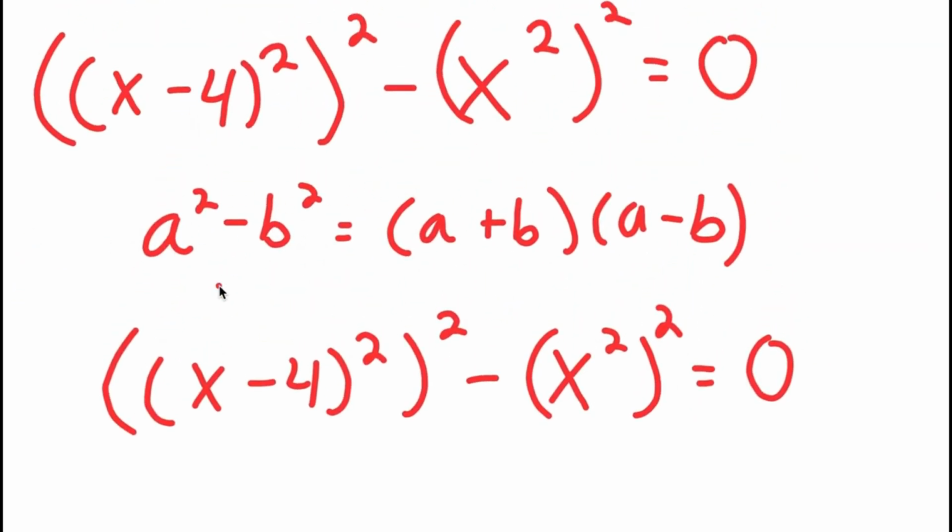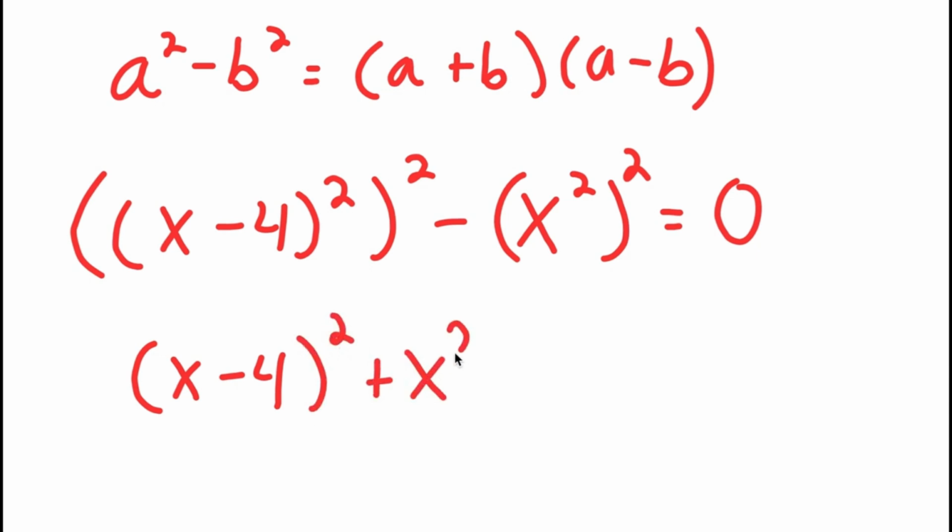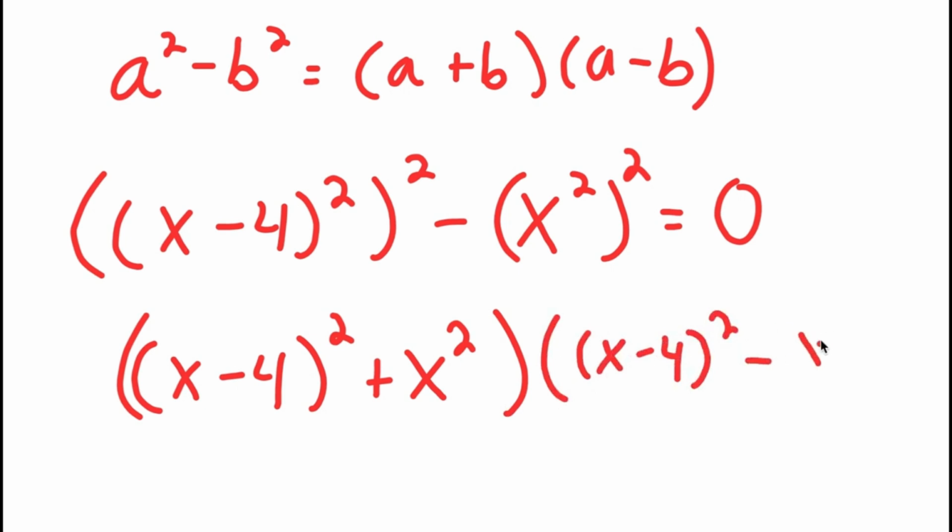So a is (x − 4)^2 and b is x^2, so I get ((x − 4)^2 + x^2) times ((x − 4)^2 − x^2) is equal to 0.